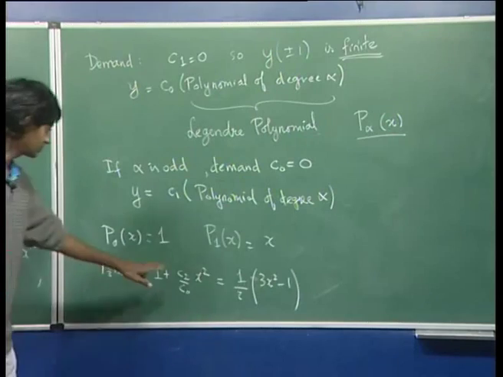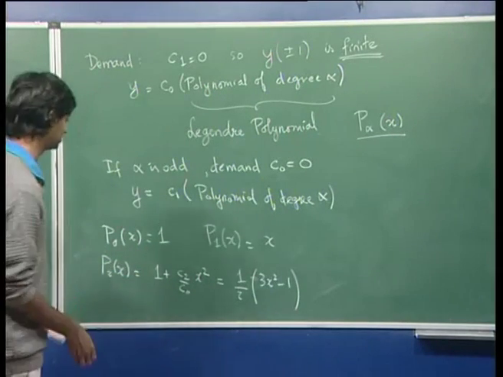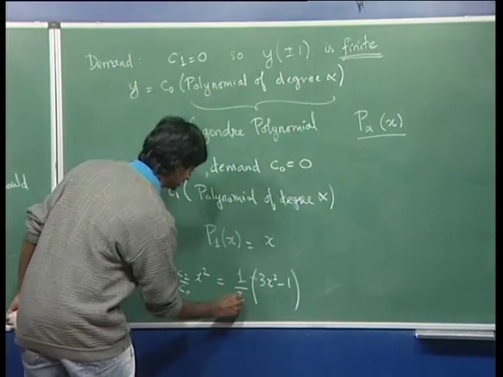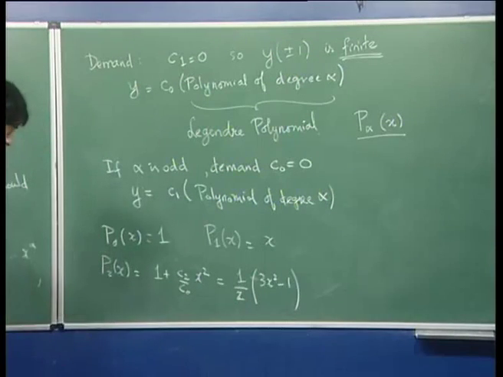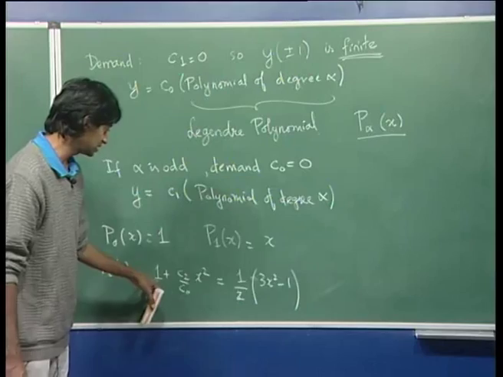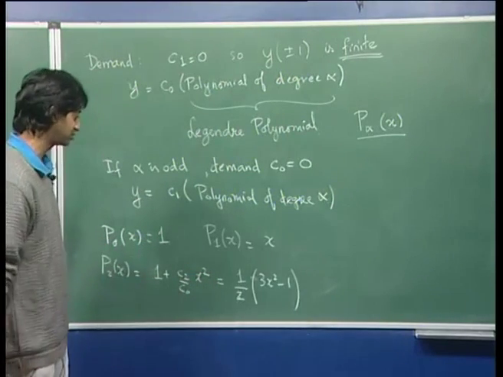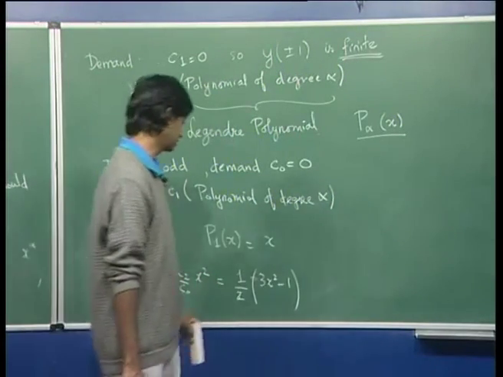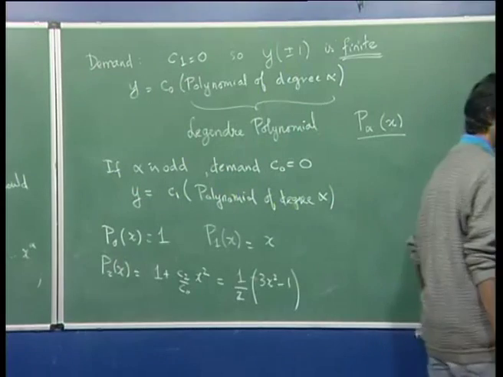You can work this out and show that this is indeed the case. So what we have seen is that you can construct each of the polynomials one by one, and you can take this series further on.